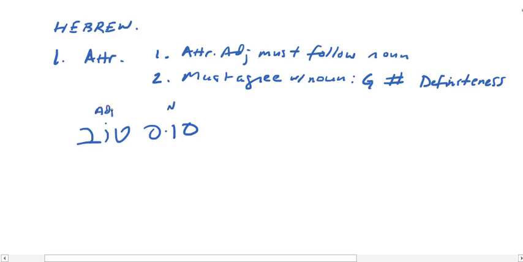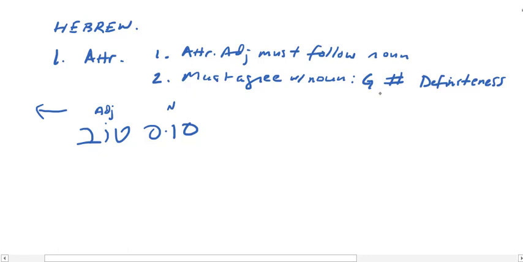Tov is the adjective. So does tov follow the noun here? Yes, remember we're reading from right to left in Hebrew. So tov is in position. So this is the positional requirement. It has to go after the noun. So it does do that.